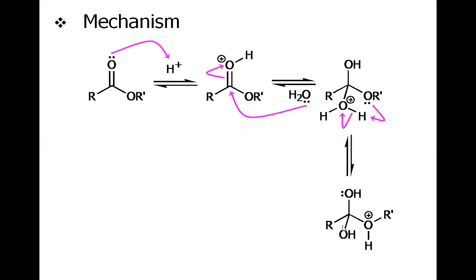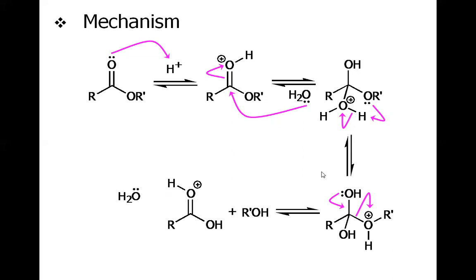And in the next step, with the lone pair's help, this alcohol will leave the system, and we have this protonated carboxylic acid, which will be deprotonated with the water molecule which has just been formed to have the carboxylic acid. So this is a very simple and very smooth mechanism. We have been discussing similar mechanisms several times.